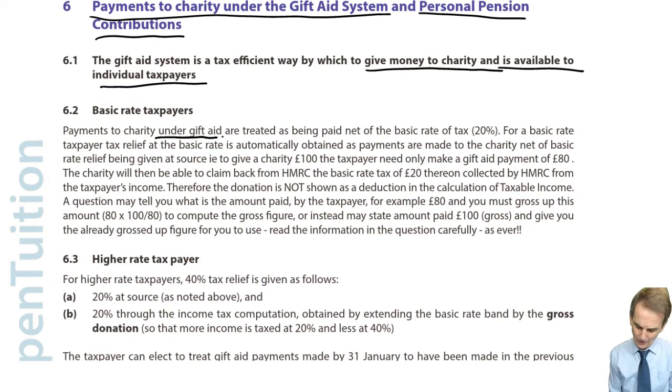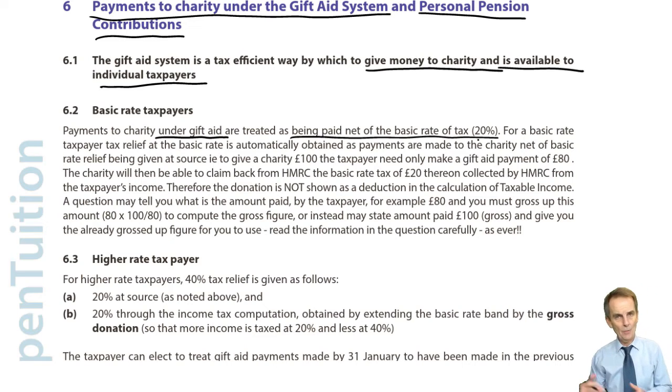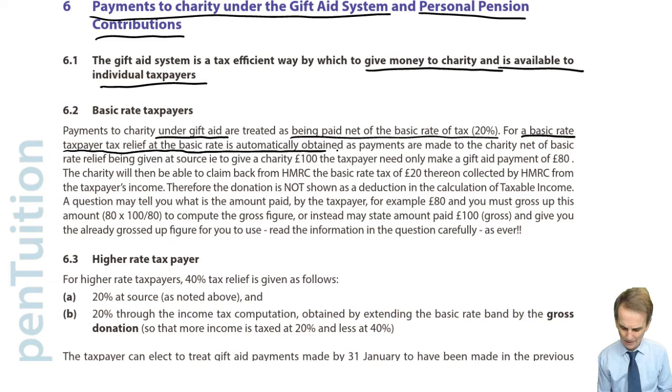Payments to charity under Gift Aid are treated as being paid net of our basic rate of tax. So my £80 paid to the charity was the net figure. For a basic rate taxpayer, tax relief at the basic rate is automatically obtained, as payments are made to the charity net of basic rate relief, being given at source.